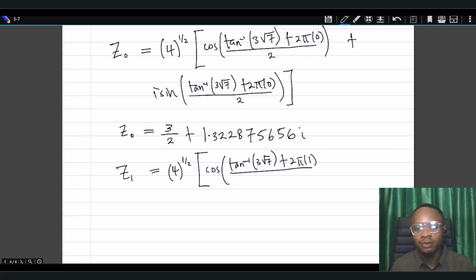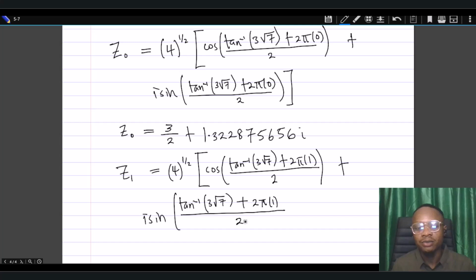So using k equal to 1 here, then we'll divide this by 2. Then we close this off, then plus i multiplying the sine of the tan inverse of 3 root 7, plus 2 pi into 1, then divide everything here by 2. So what does that give us? At the end of the day, we close off this bracket.